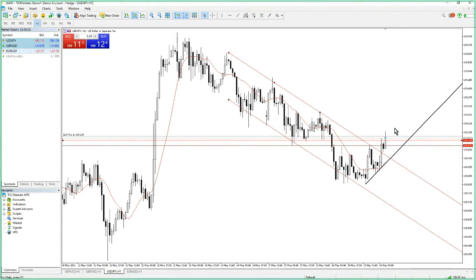So now we have placed a trade. We have hit the buy button here, and we have to make sure there is a protective stop in place. The easiest way to do that, when you have a trade open, is to drag down from here.